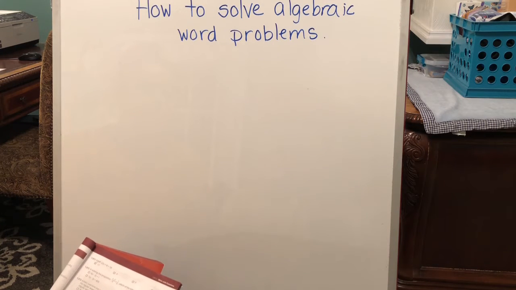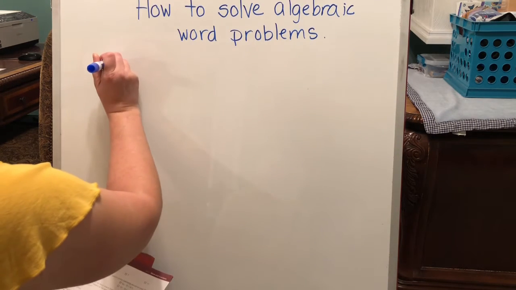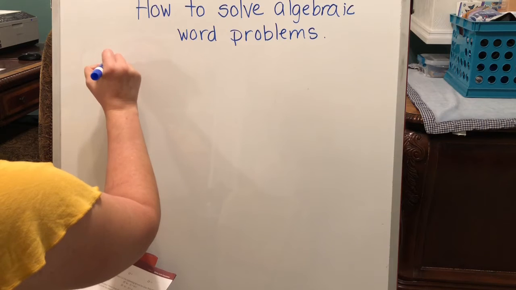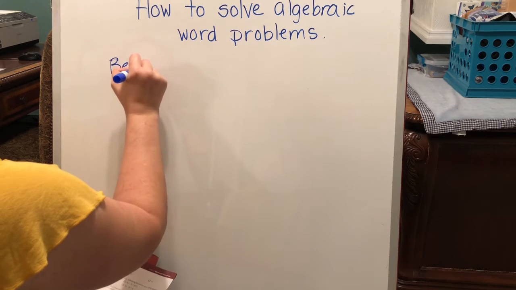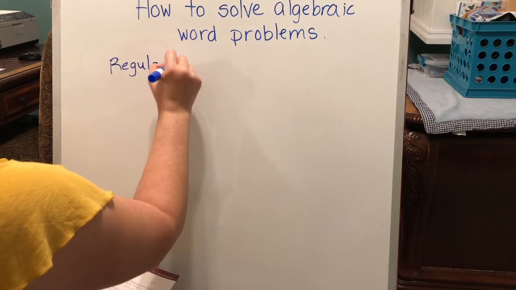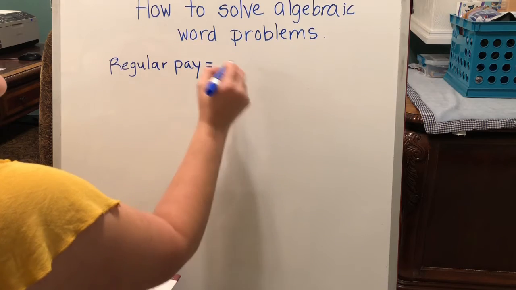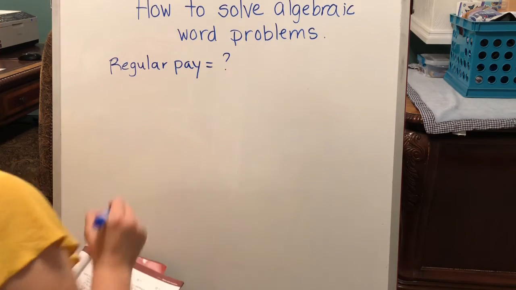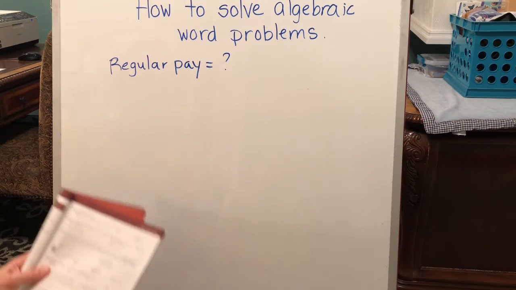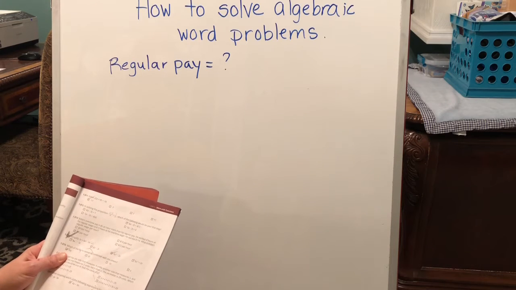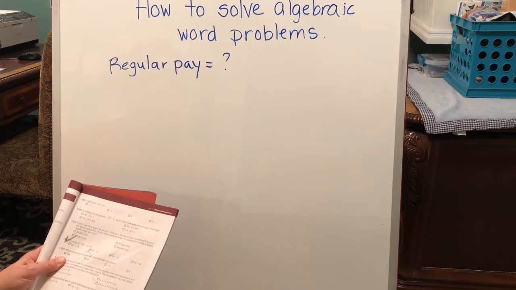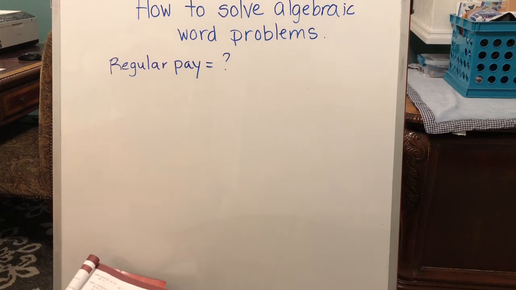Kobe's overtime pay is $5 an hour more than regular pay. So I'm going to write that first. Regular pay is, we don't know. So we might use a variable for that later, but we'll see. His overtime pay is $5 more than that.